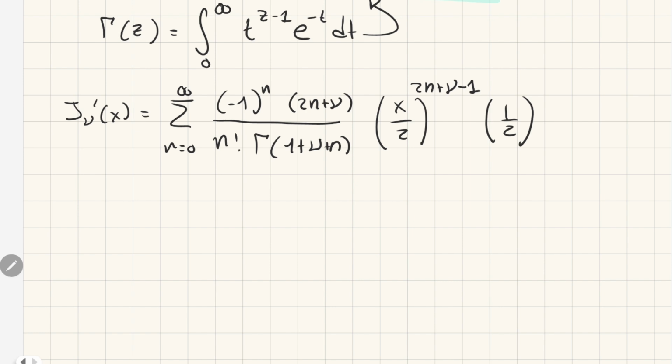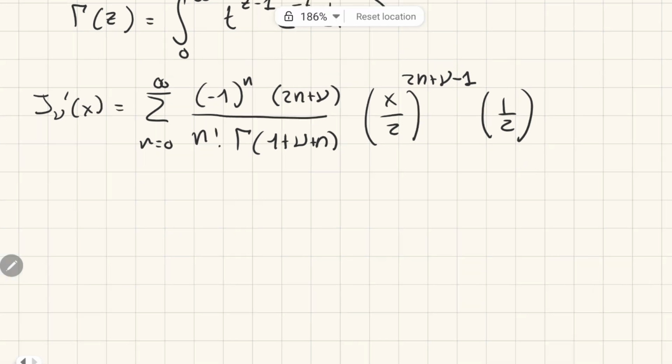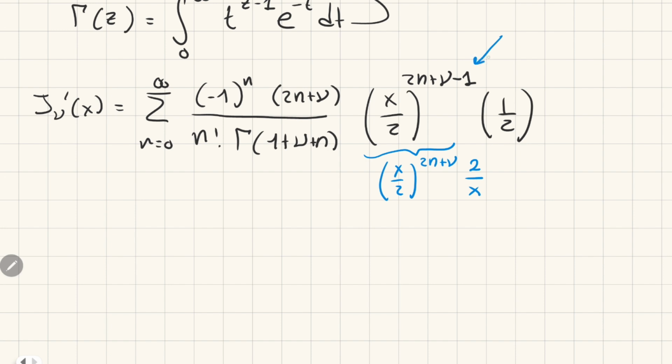Okay, so here it is easy to see that we can see this element as (x divided by 2) to the 2n plus nu times 2 divided by x, right? Just due to this minus 1 that we have at the exponent. And then we can cancel this 2 with this 2 that we have here, and we are just left with an x dividing, right? That we are going to take out of all the sum.